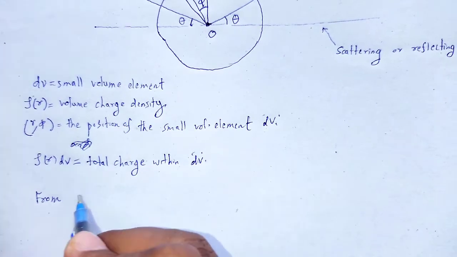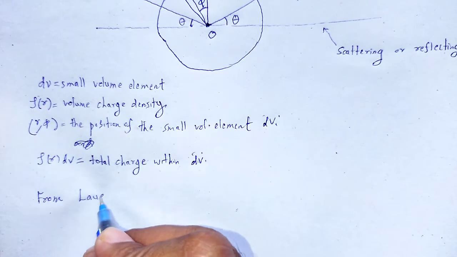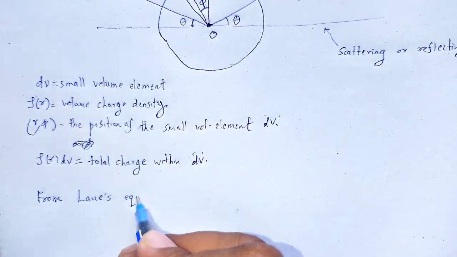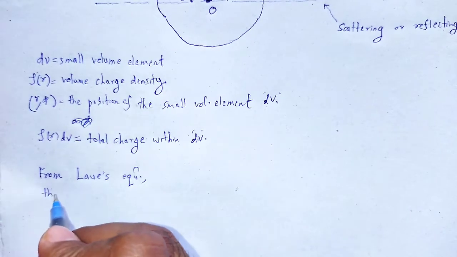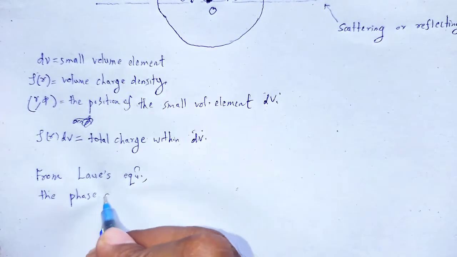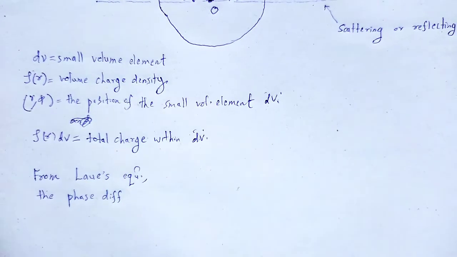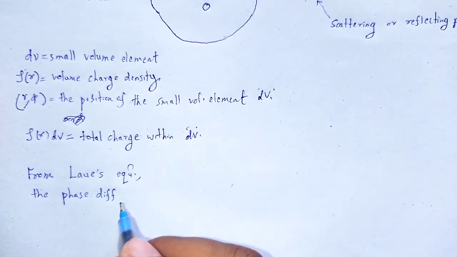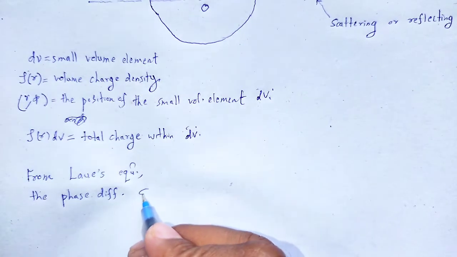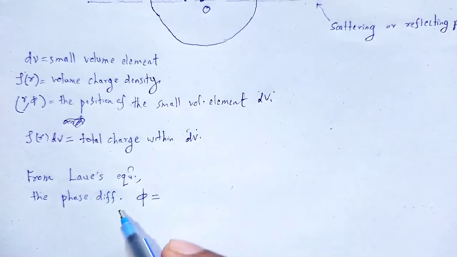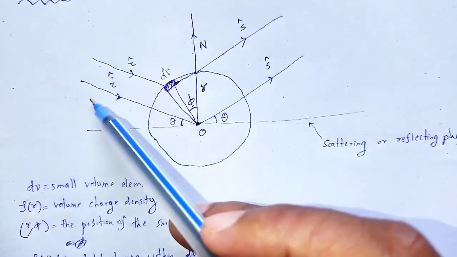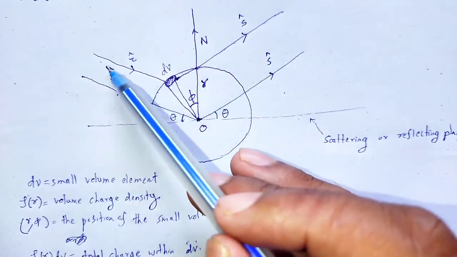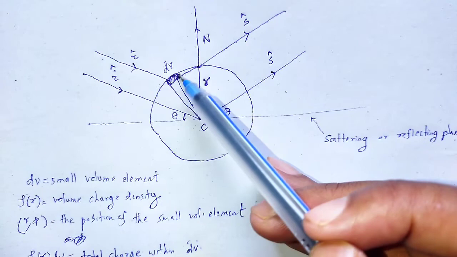From Laue's equation, the phase difference phi is the phase difference between the scattered wave at the origin and the scattered wave at the small volume element dV.